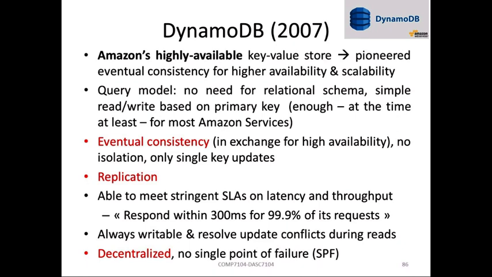The query model, which is just put and get by key, is motivated by the fact that in the applications there was no need for relational schema, and therefore a simple read-write based on a key was enough. They introduced eventual consistency in exchange for higher availability, and they used replication, and all this was done also in order to meet certain service level agreements, let's say, on latency and throughput.